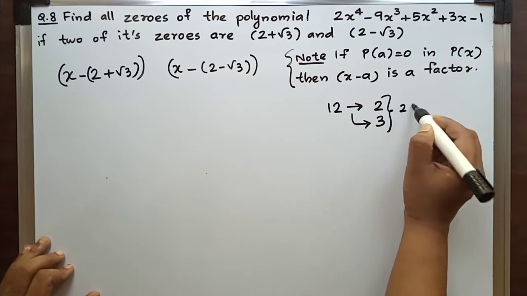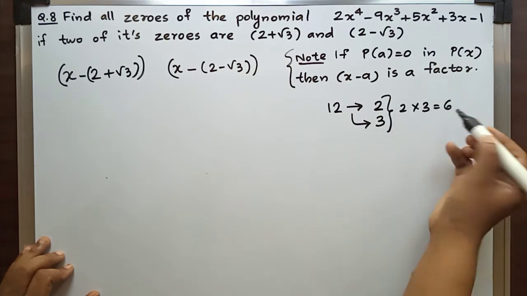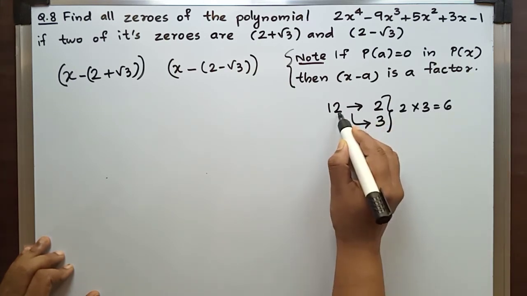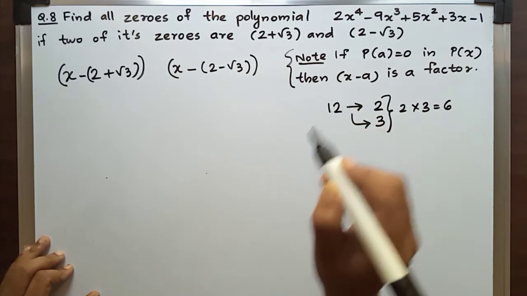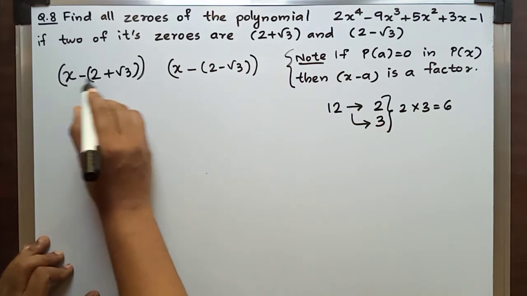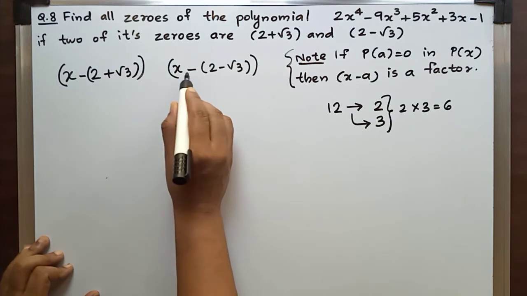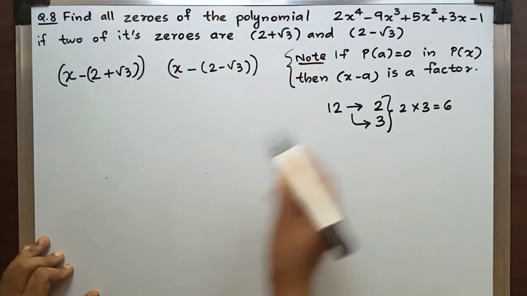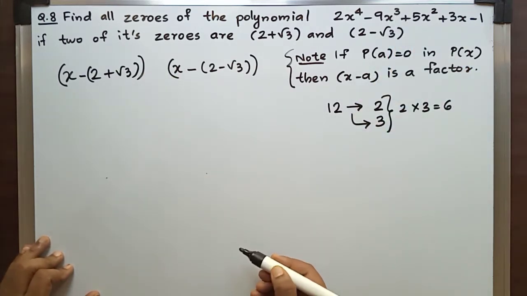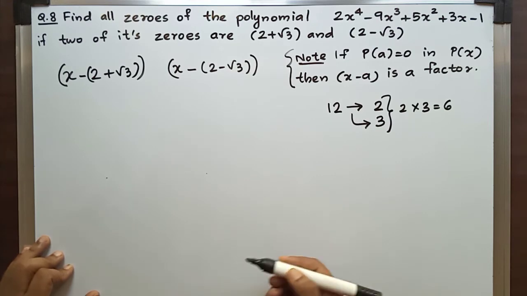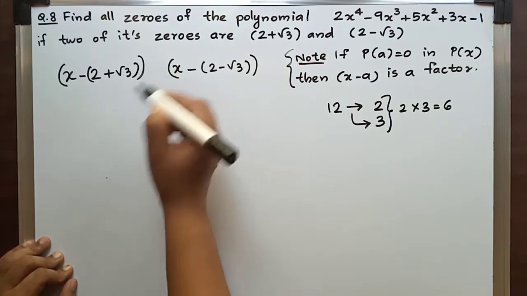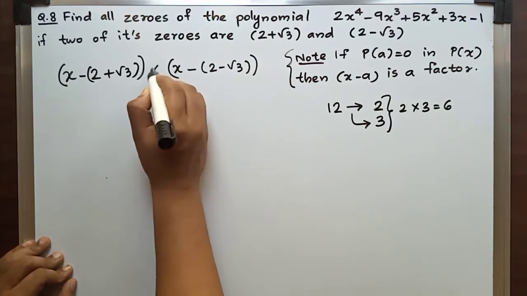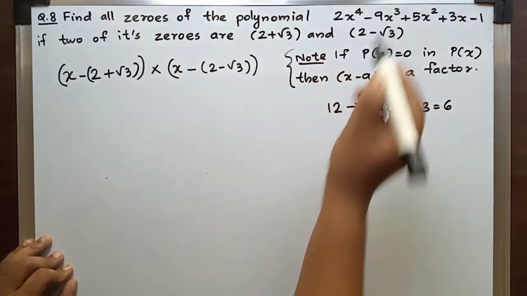Then 2 into 3 is 6, and 6 is also a factor of 12. Similarly, if we multiply these two, we will get another factor of the same polynomial. That is the concept, so first we have to multiply these two factors of the polynomial.